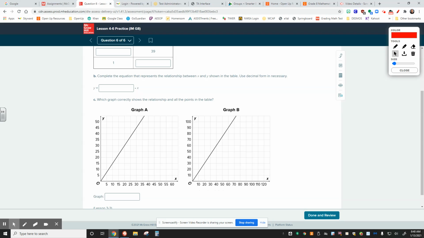So which one of these actually shows the accurate values of this? I would suggest that what you want to look at is nice integer ordered pairs on both of these graphs, excuse me. Is it A? Is it B? Is it both?